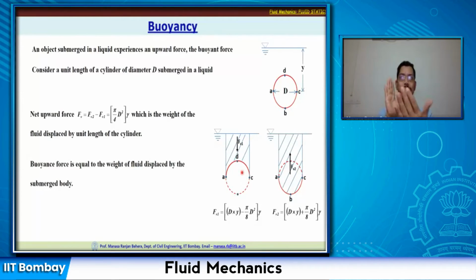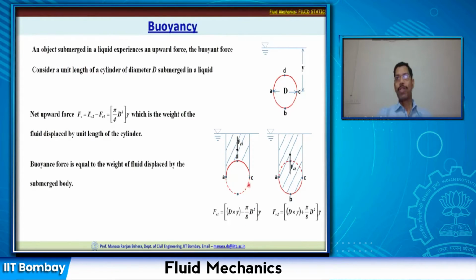So unit width perpendicular to the surface is considered, so it is 1. We can calculate now. What is this rectangle? The rectangle is nothing but the diameter of the cylinder, d, multiplied by y, where y is the depth up to the center. So d y minus pi d square by 8.